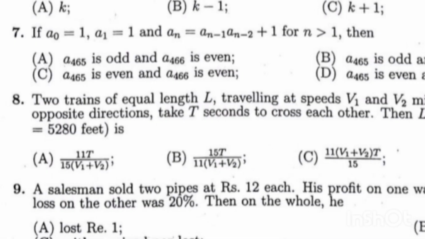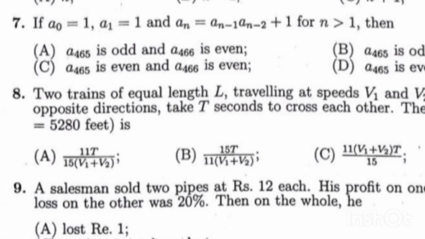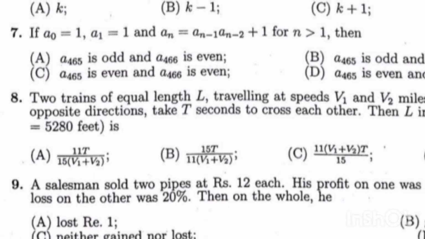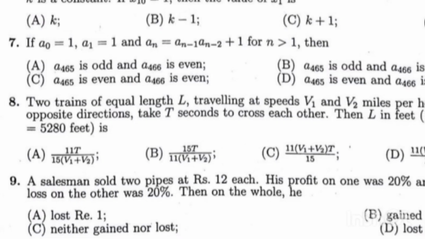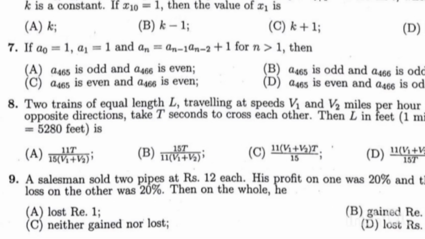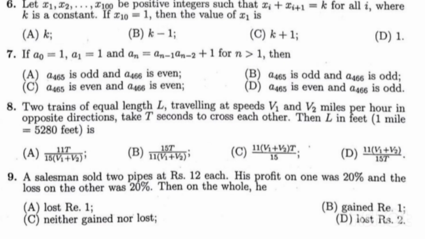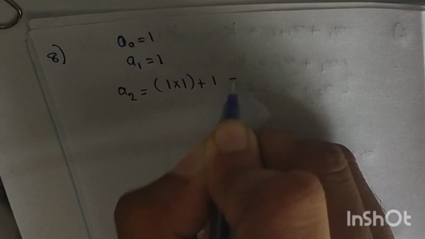Okay, 7th question. If a0 equals 1, a1 equals 1 and an equals an minus 1, an minus 2 plus 1 for n greater than 1, then we must find what is a465 and a466. So it is given that a0 equals 1, a1 equals 1. To find a2, we must write 1 into 1 plus 1.